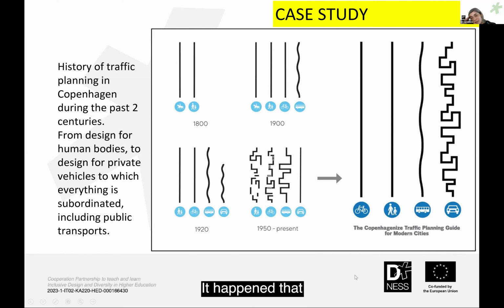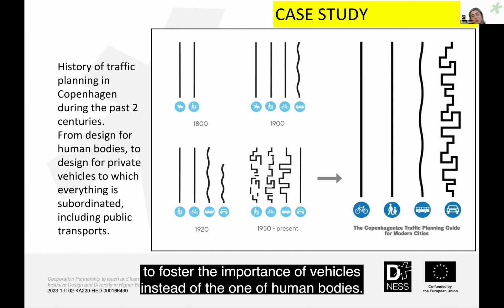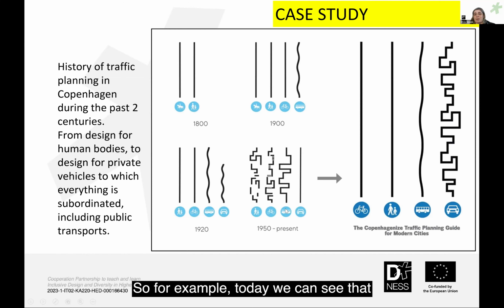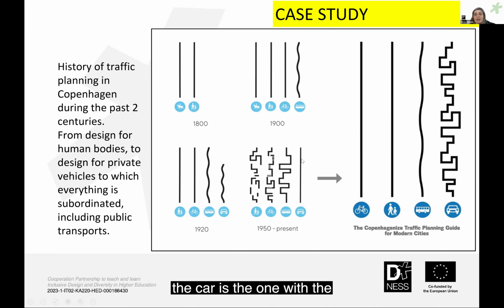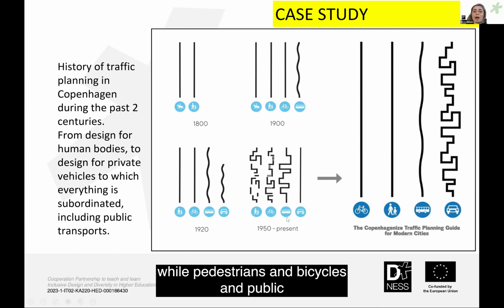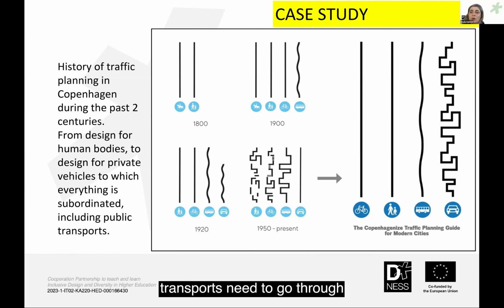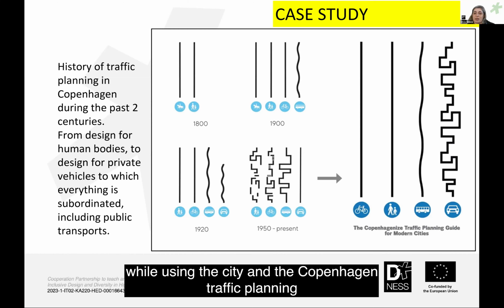Then what happened? We conceived urban planning as an instrument to foster the importance of vehicles instead of the one of human bodies. So, for example, today we can see that the car is the one with the most direct way to gain destination, while pedestrians and bicycles and public transports need to go through a lot of problems while using the city.